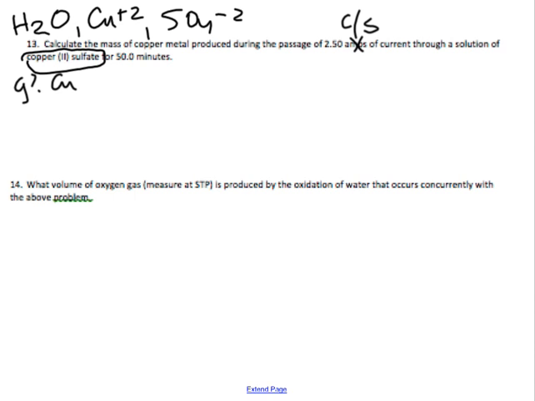We're going to run the current for 50 minutes, and we want to know how much copper we're going to make. The best thing to do is to get the half reaction of what's occurring at that cell. We know this is copper 2 being reduced. What is that half reaction? Exactly. So we're producing that, and we want to know how much.